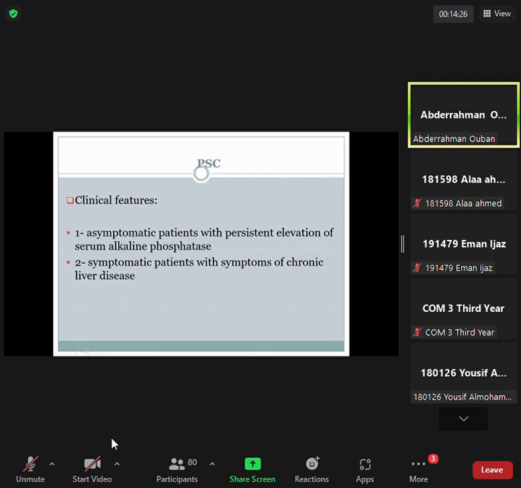Now, this entity is also unique, in the sense that it is associated, similar to what you see with autoimmune diseases, with other diseases of the same kind elsewhere in the body.